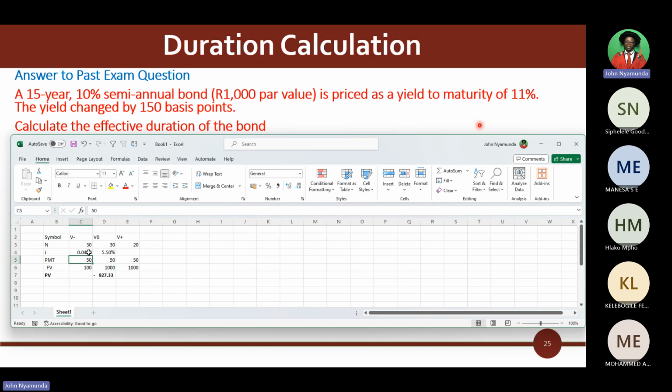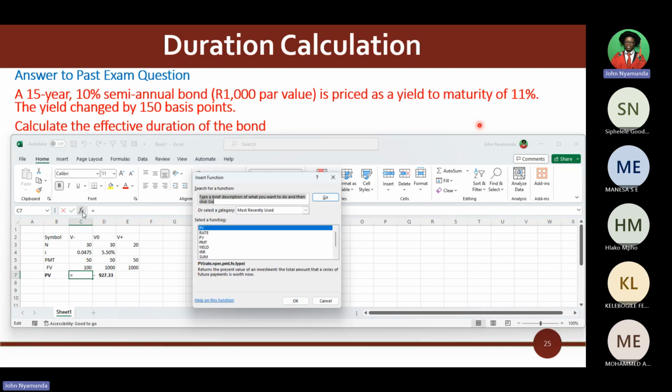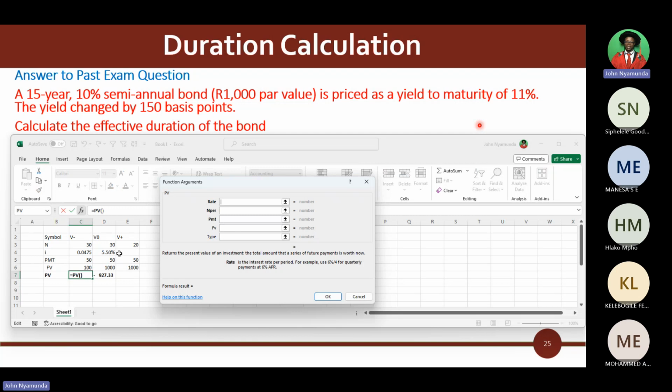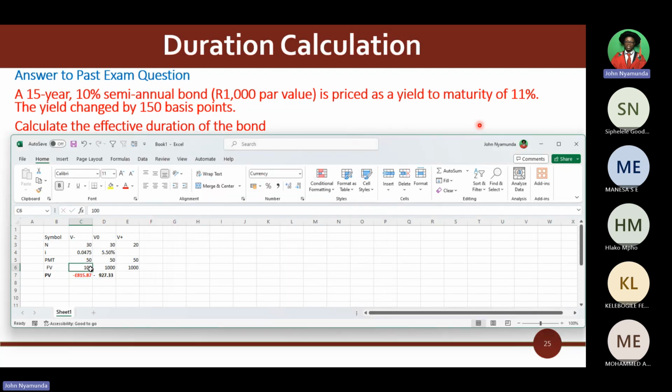If we do that and come here, I'm going to use the function for the last time. What is the PV? Our NPER is there, our PMT is there, and our FV is there. It's supposed to be 1,000 here.